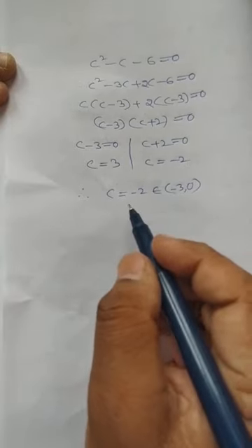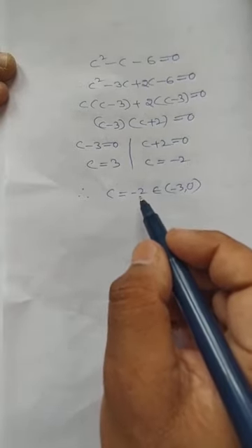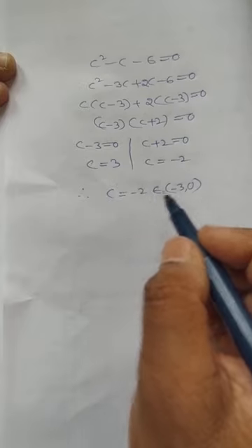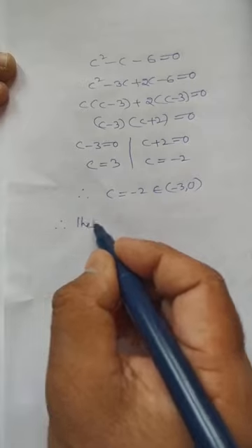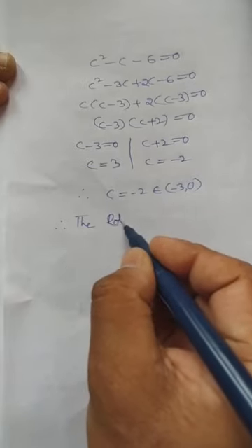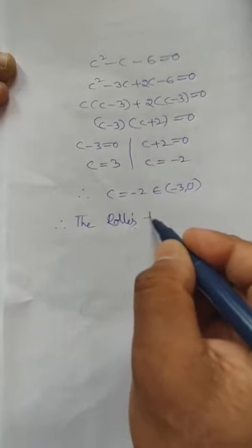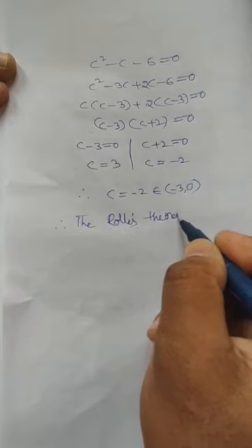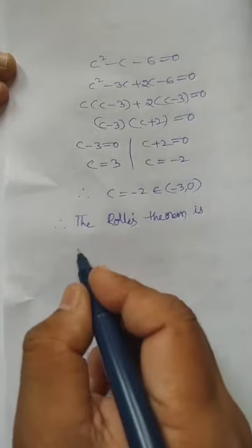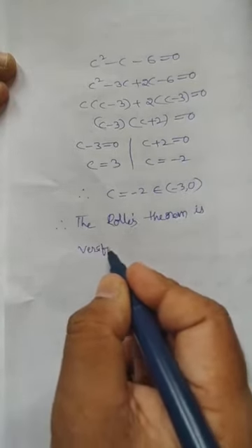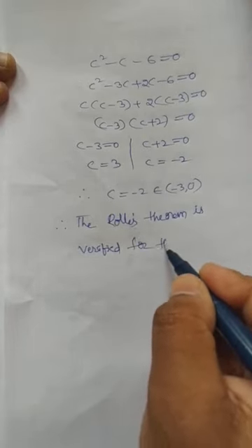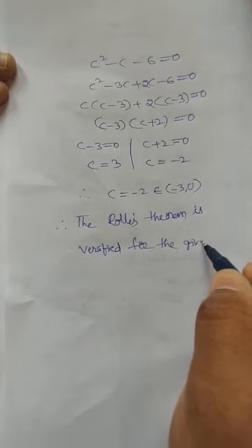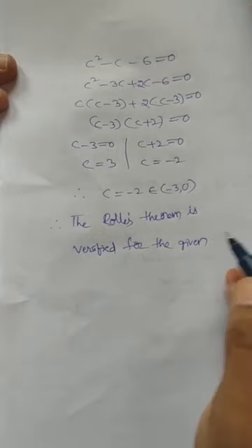This one. So our c is within the conditions of the Rolle's theorem. Therefore the Rolle's theorem is verified for the given function.